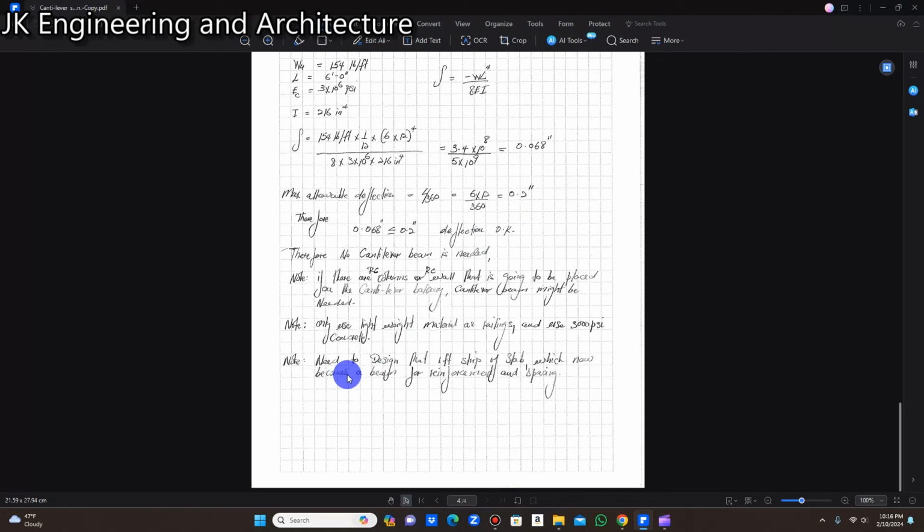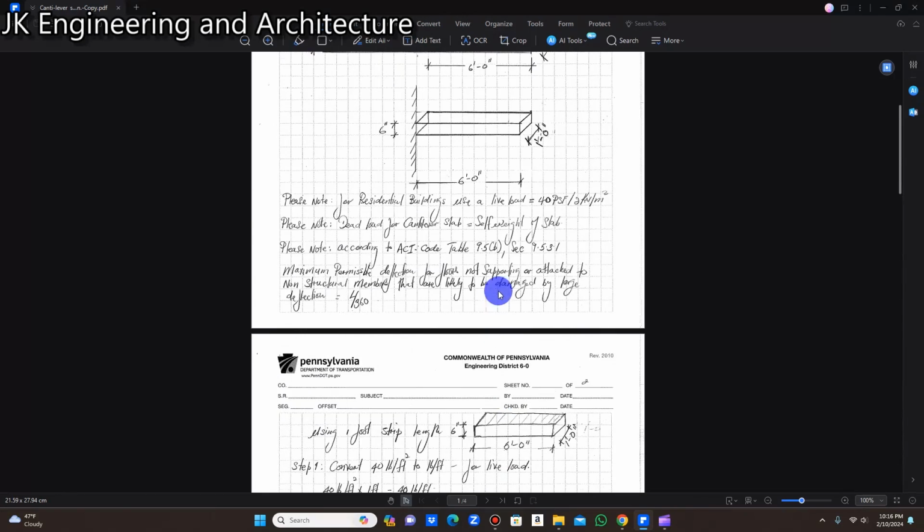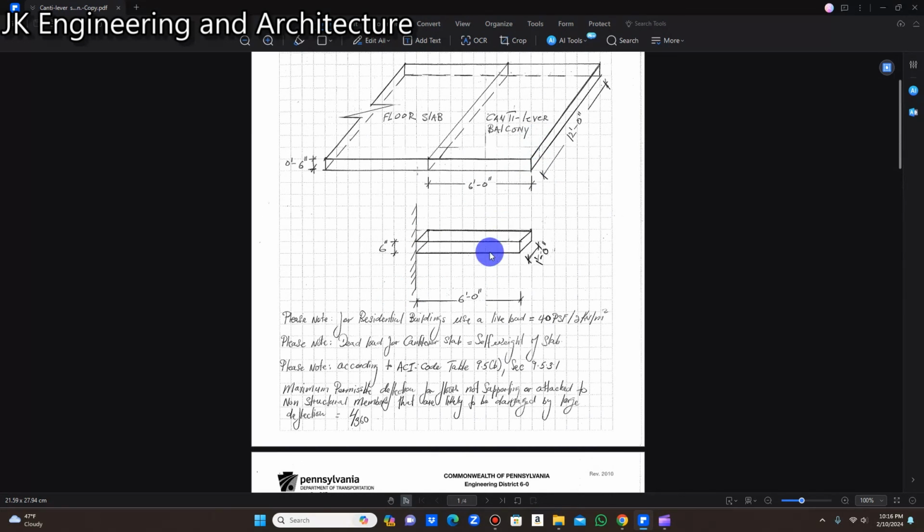So the next thing you need to do as an engineer, as I would have done, is to design the amount of reinforcement in that 1 foot strip of slab. So in the next video, depending on how this video performs, I might design the amount of reinforcement to go into this 1 foot strip here, right, to withstand the load as well.